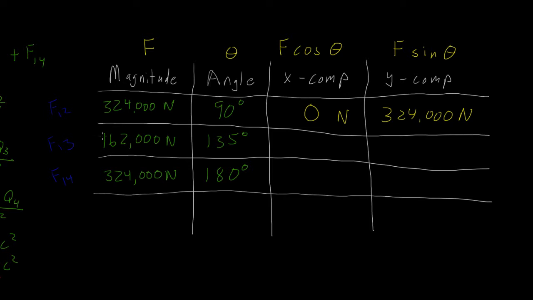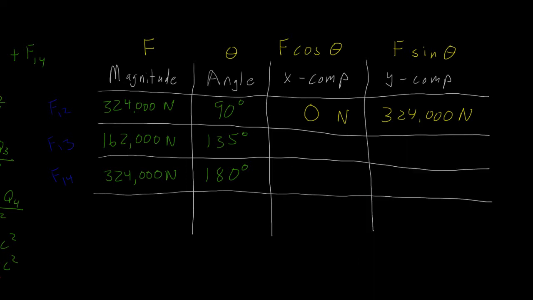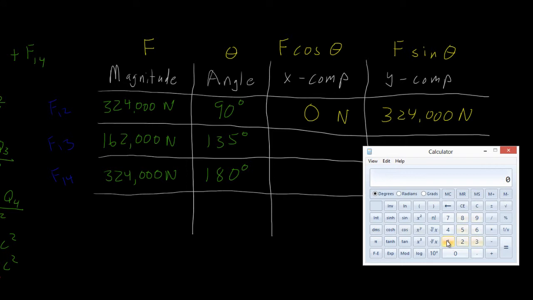The one that will be interesting is this one, the force between 1 and 3. We will take the cosine of the angle, which is 135. So 135 cosine, and then we will multiply by the magnitude, which is 162,000.